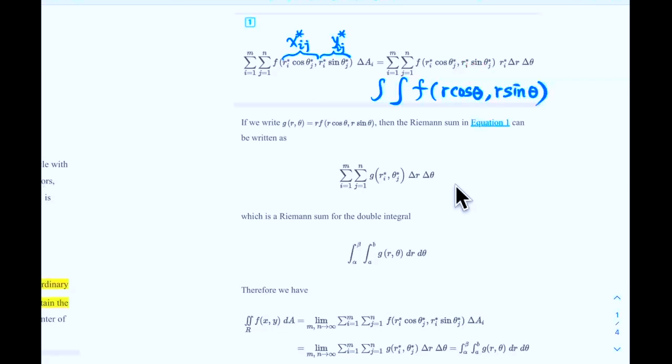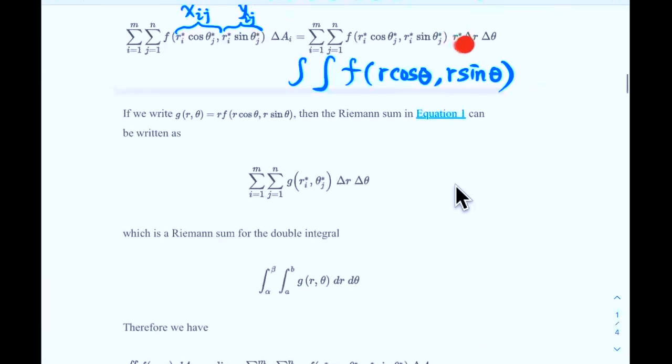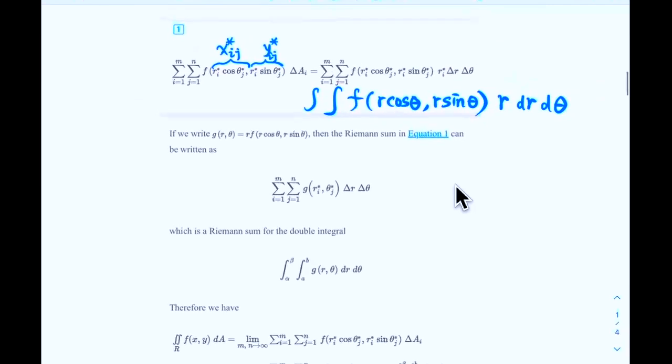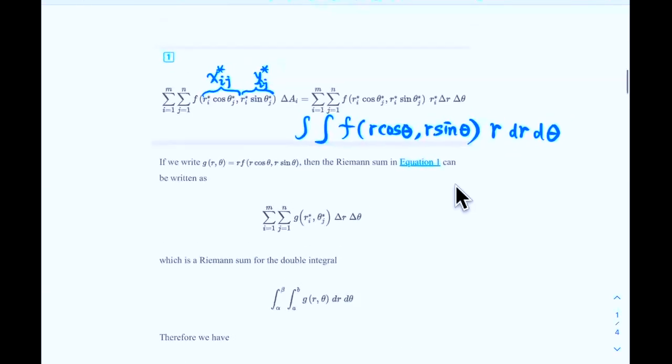And what does this one here turn into? Well, the ri star just turns into r. And then delta r turns into dr, and delta theta turns into d theta. And then you have to think about what r changes from and to.